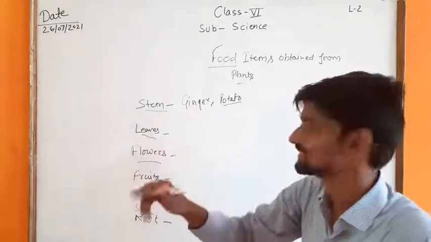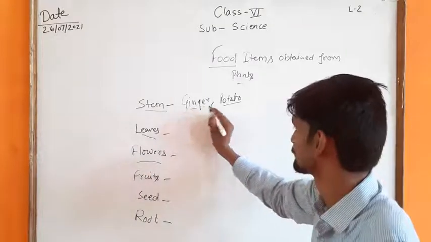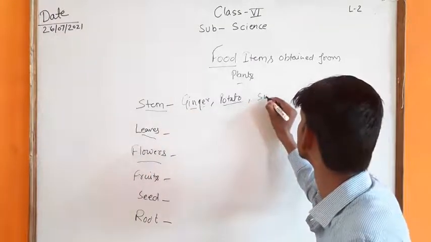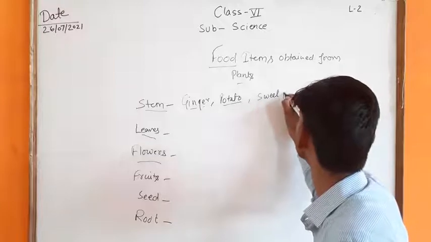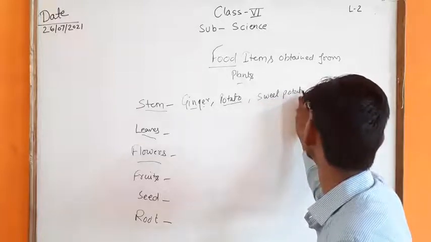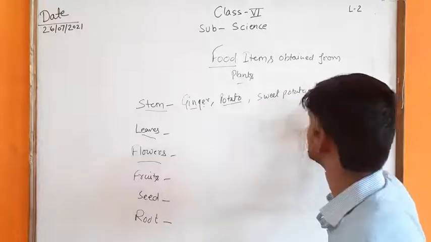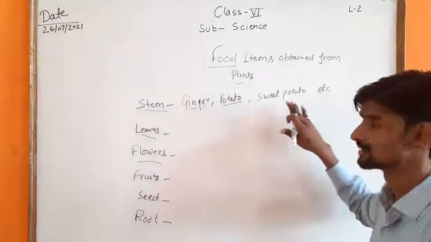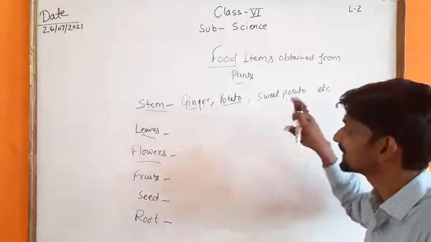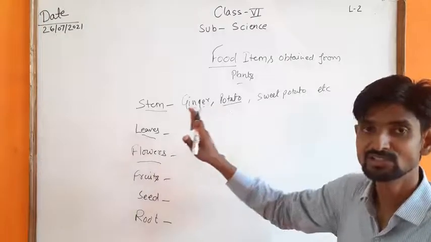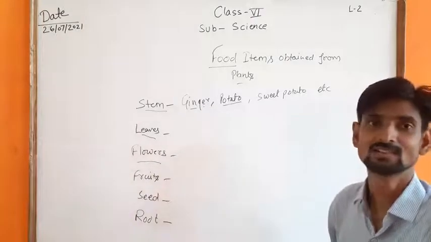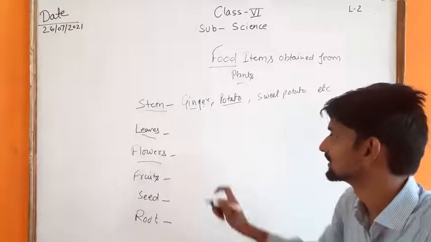Potato is an underground stem, and ginger also. Sweet potato, etc. These are the stems which are used as food by human beings.